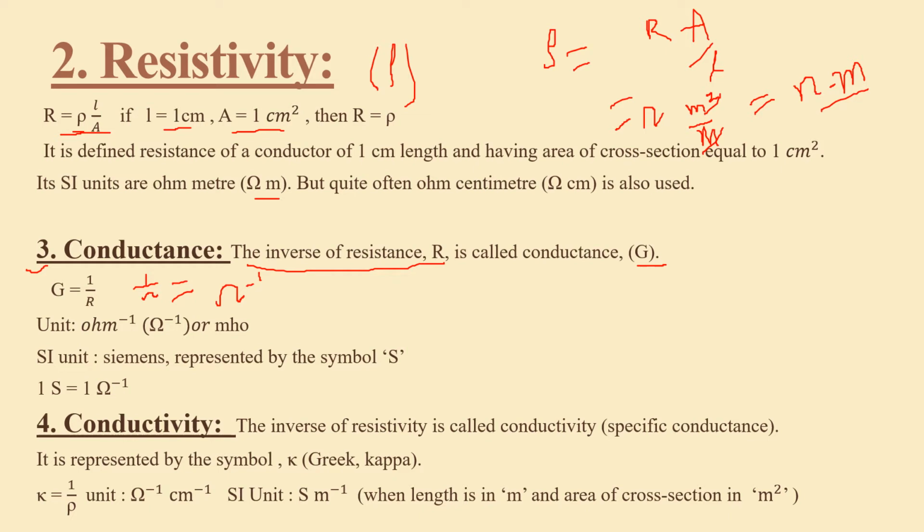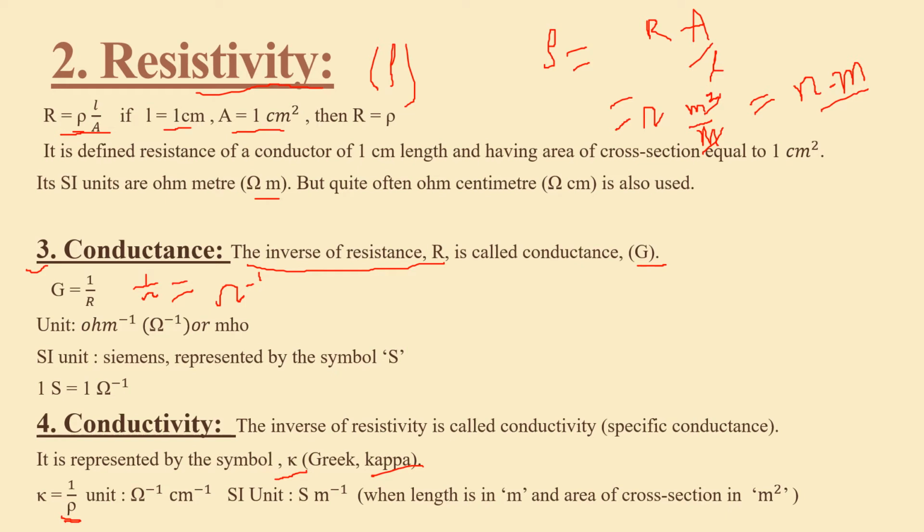Similarly, resistivity is also known as specific resistance, and conductivity is known as specific conductance. Conductivity is represented by the symbol K, which is called kappa, a Greek letter. From the definition, since conductivity is the inverse of resistivity, kappa will be equal to 1 upon rho, and the unit of rho is ohm meter or ohm centimeter.